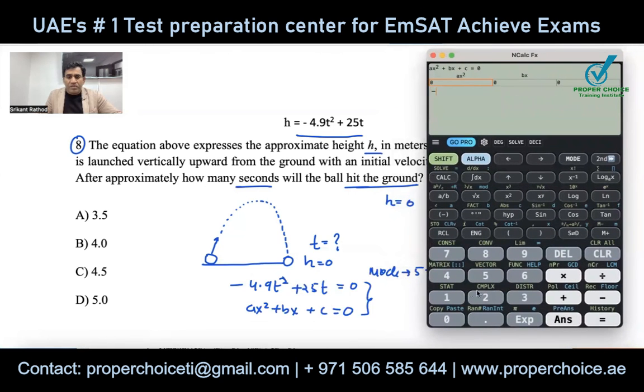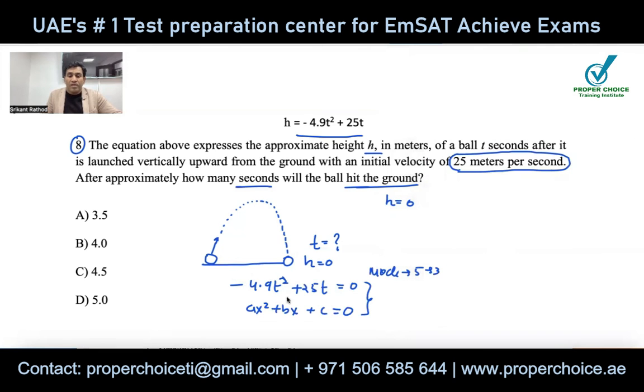Minus 4.9, press equal, then 25, press equal, the constant term c is 0, press equal. After that you get two answers. One I'm getting is 5.10, another is 0. There are two values of t. One is 5.10 seconds, another is 0 seconds.